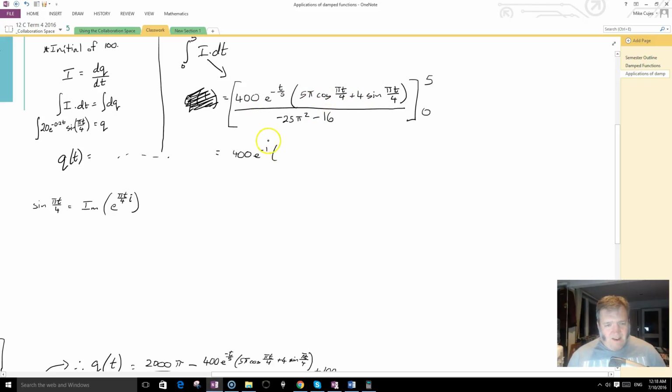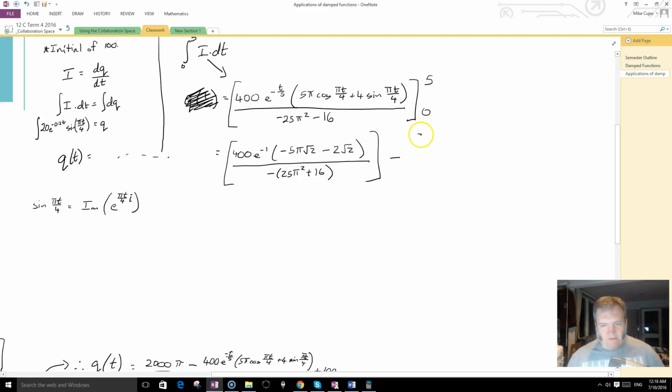It was negative 5 pi root 2, and this was minus 2 root 2. This is all over negative 25 pi squared plus 16, because I'm factorising that negative out. Okay, so it's that thing.